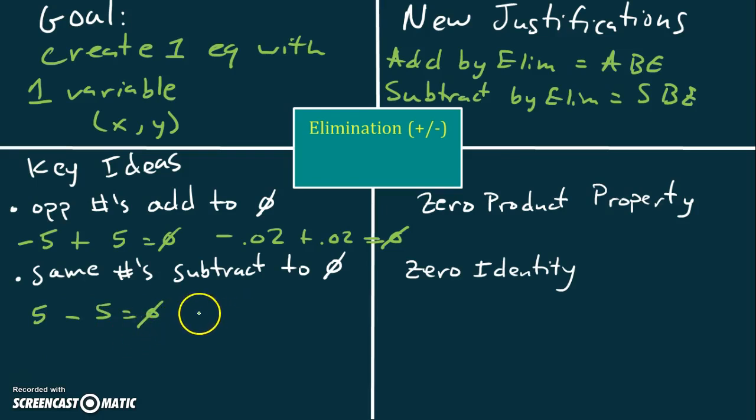The same is true for variables. So if you've got 1x and you subtract it from 1x, what you get is 0x. Well, this is a funny thing. It kind of leads us into our other idea, which is the zero product property. What the zero product property is: 0 times anything is 0.